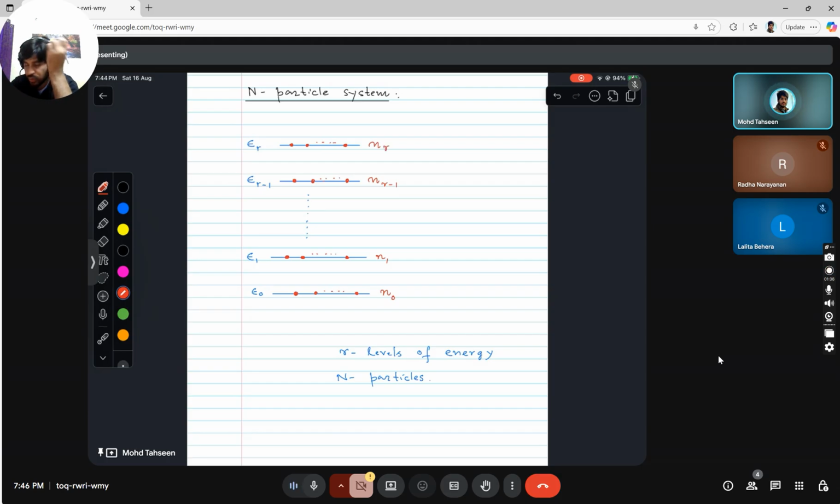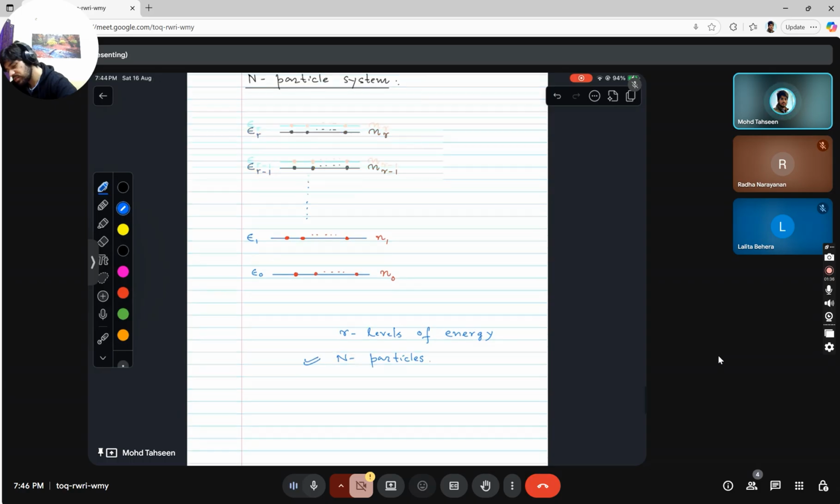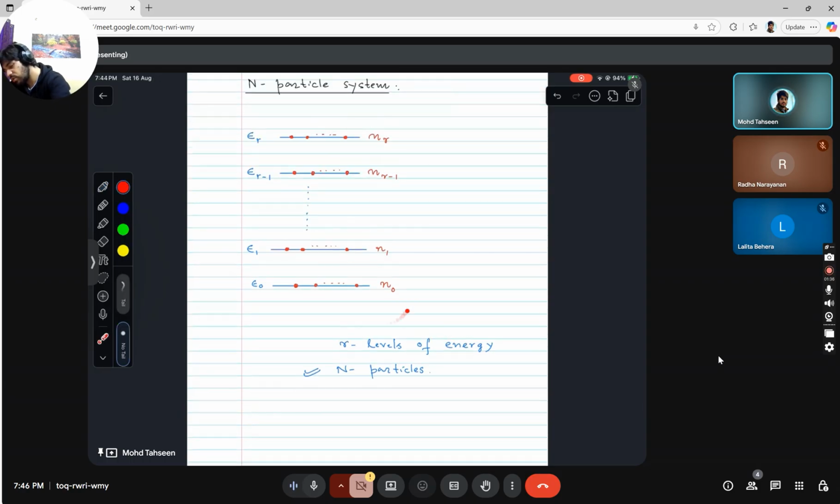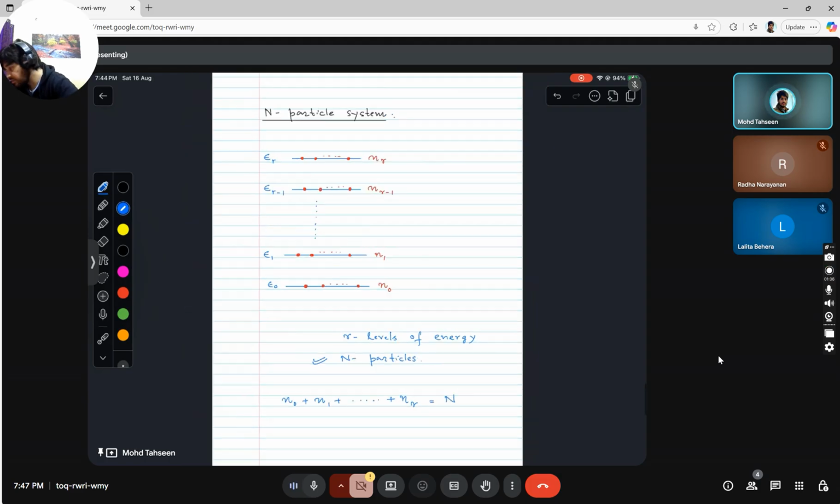So these are the number of particles in each energy level, and there are n number of particles in total. That means the sum of all these should be equal to n. So I'll write that: n0 plus n1 plus so on and so forth plus n r is equal to n. This is my first condition.